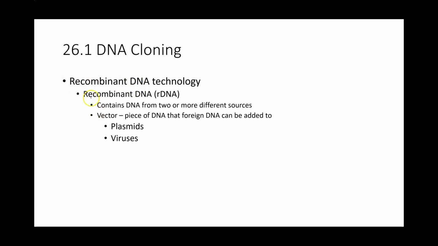So recombinant DNA is DNA that contains DNA from two or more sources. So you might have DNA from human and bacteria.